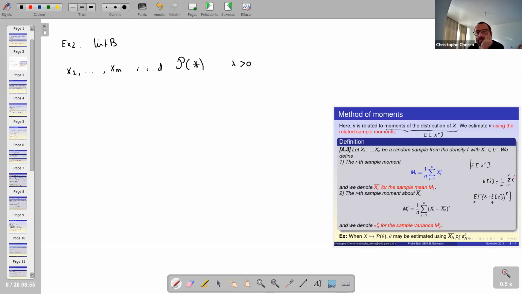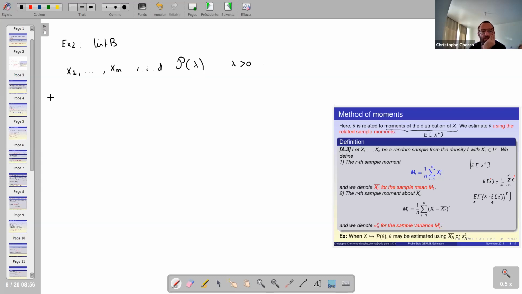So I know that the parameter lambda of the Poisson distribution is related to the expectation and to the variance of a Poisson random variable.